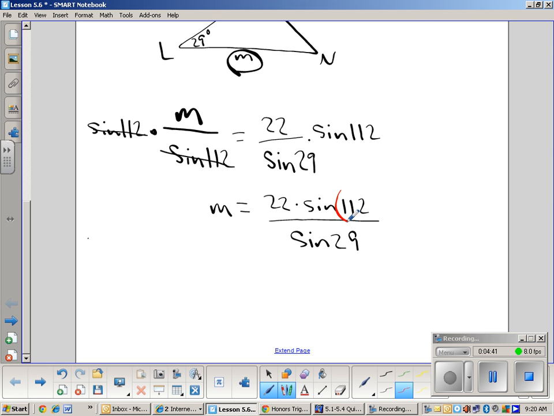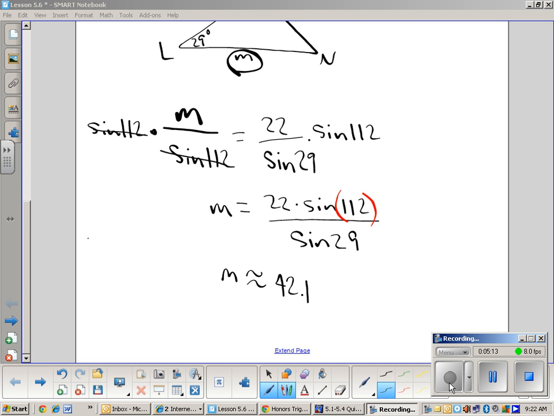If you don't end that parenthesis before you divide, you're not going to get the right answer, because it's going to throw all of this division inside that angle, which isn't what you wanted. So make sure you end that parenthesis. If we do this correctly, we should get 42.1.